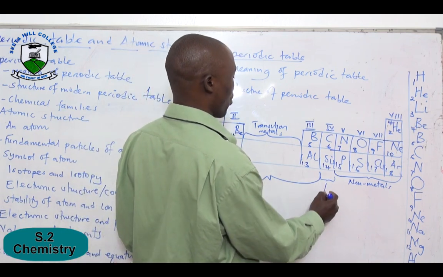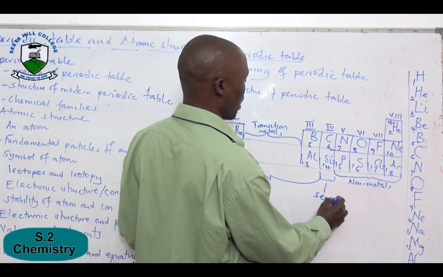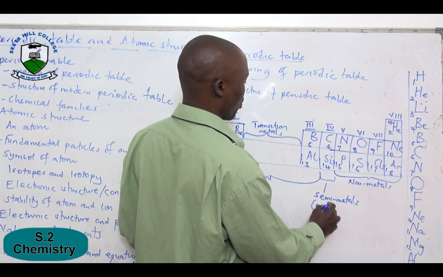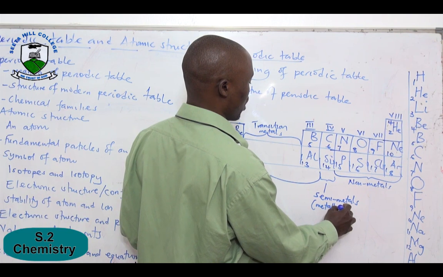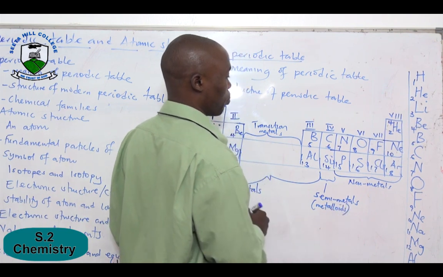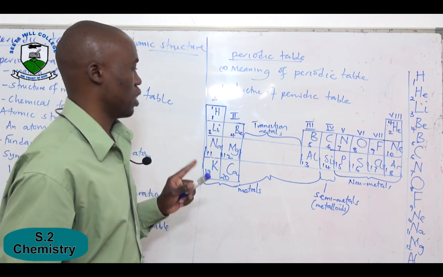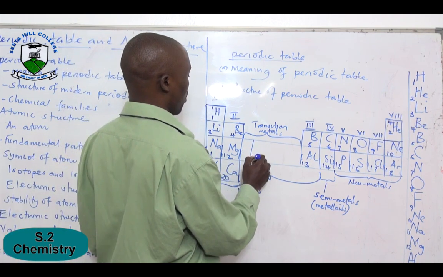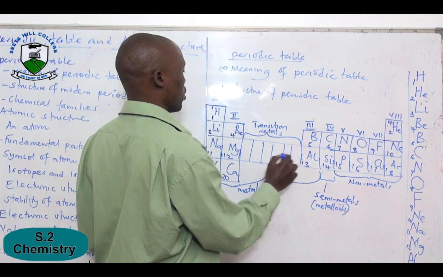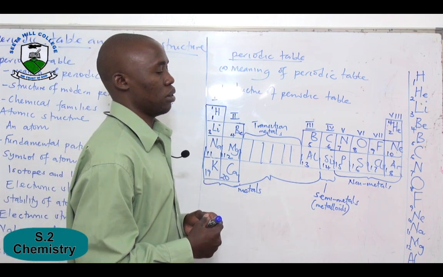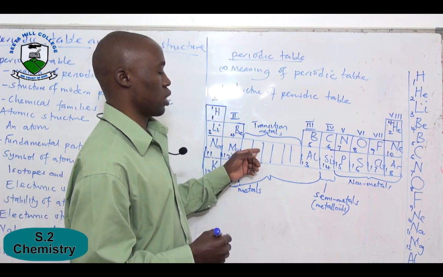Therefore, we call them semi-metals, or they are also called metalloids, the other name. That means you must be very keen there. This part is very unique.